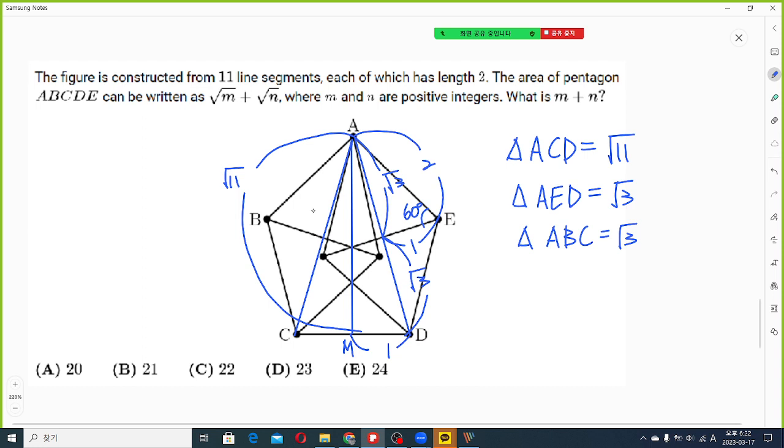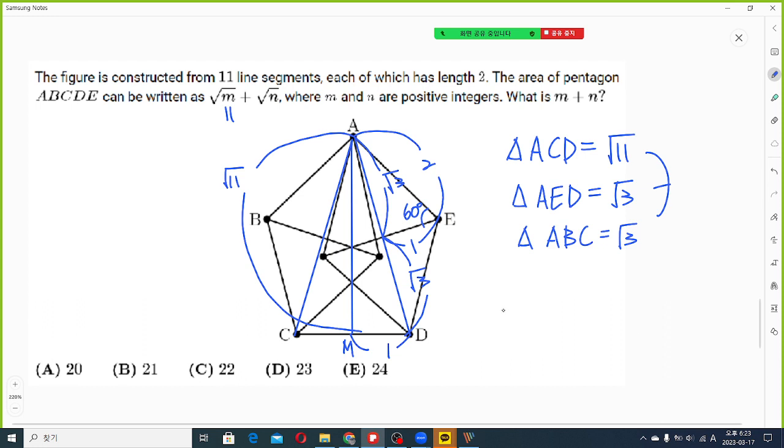So the sum of these three triangles is the area of this pentagon. So what will be the value of m and n? Let's say m is 11. In such case, what's the value of n? When you add these three, what will be the value of n?